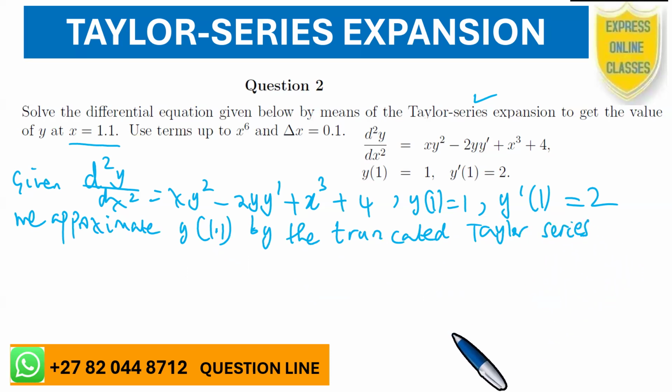So we approximate y at 1.1 by the truncated Taylor series. And now we actually deal with the truncated Taylor series.